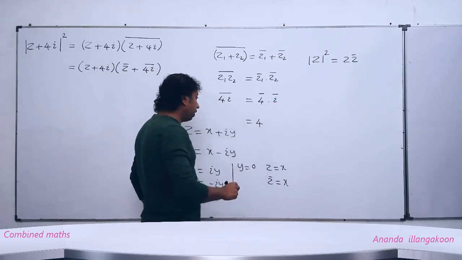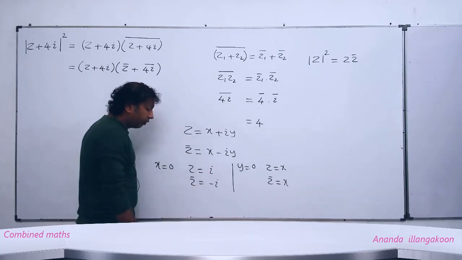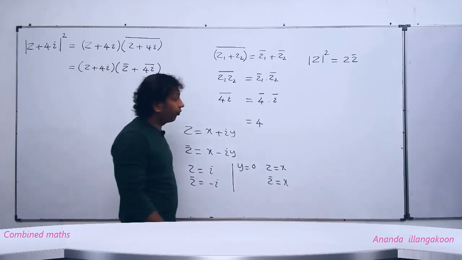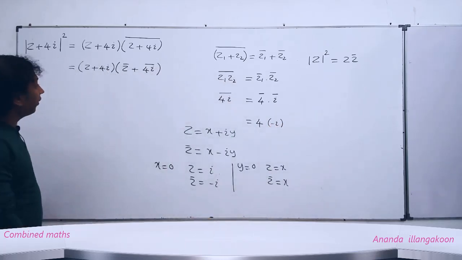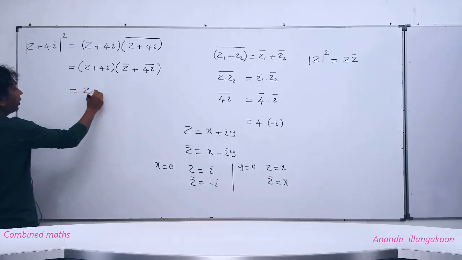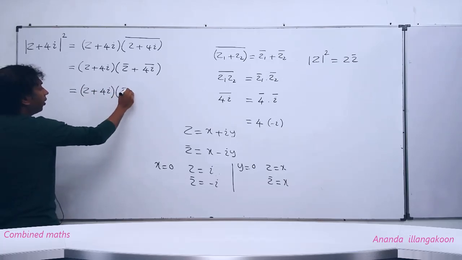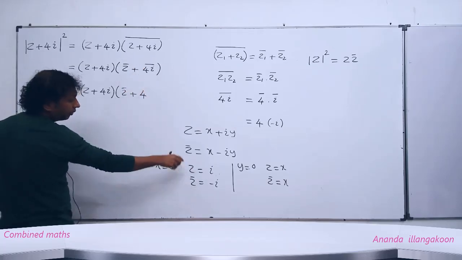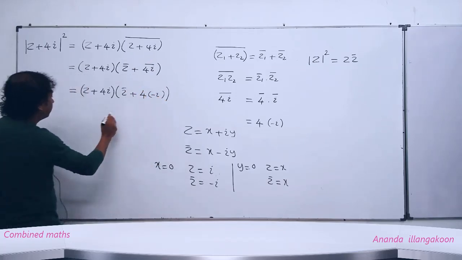People, I means 1 times I. Here, if I put y as 1, we get I into 1, that is 1 times I, that is I. Then the conjugate of I is minus I. So therefore this is minus I. Then I can write in the next step, Z plus 4I, times Z bar minus 4I bar, which is minus I. Then this minus sign I can write here in the next step.